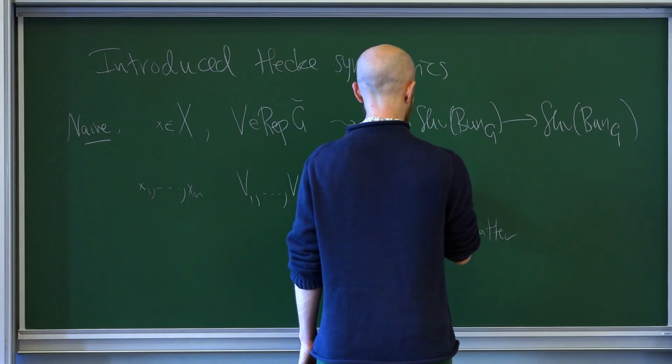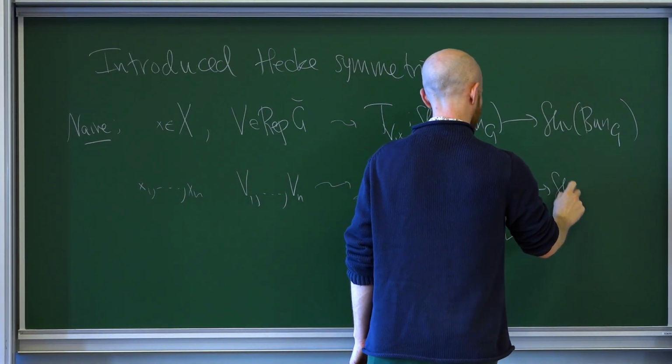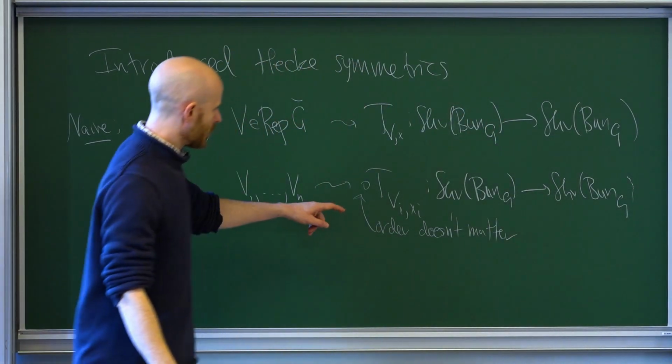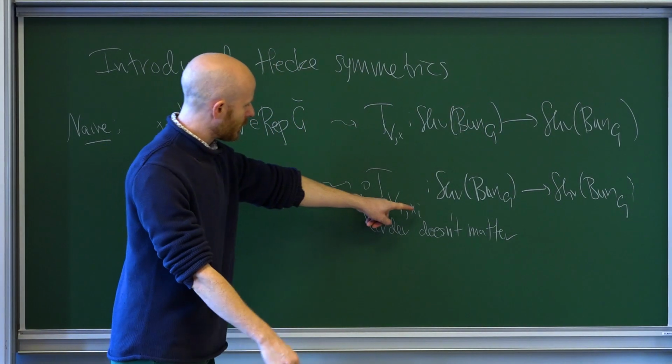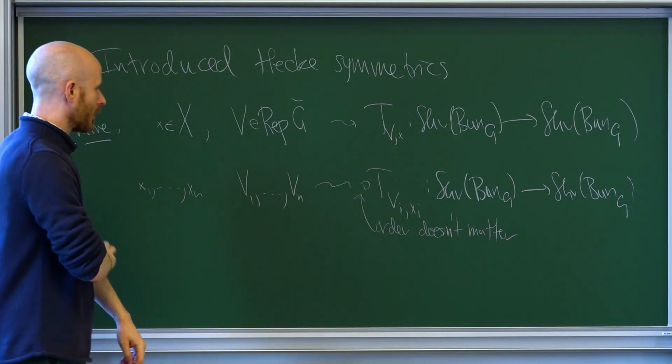So this was some kind of endofunctor, and these compose in a certain way, where if the points are distinct, there's nothing you can say, but if the points are together, then you can collapse two representations into their tensor product.